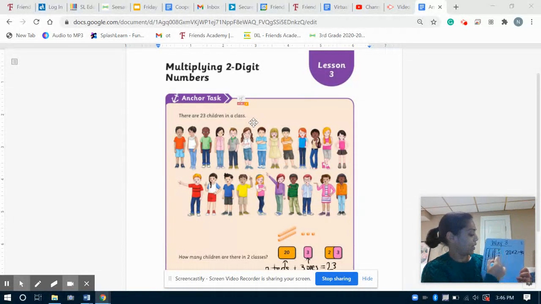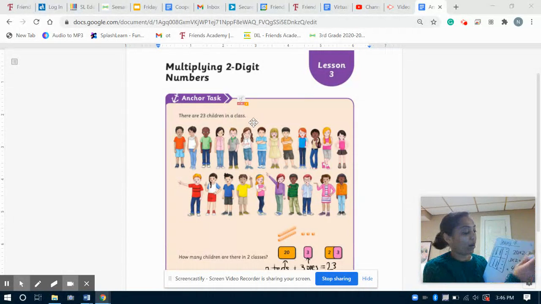You may have done 3 times 2, which is 6, and then added the products, which you would get 46. So there are 46 children in 2 classes.